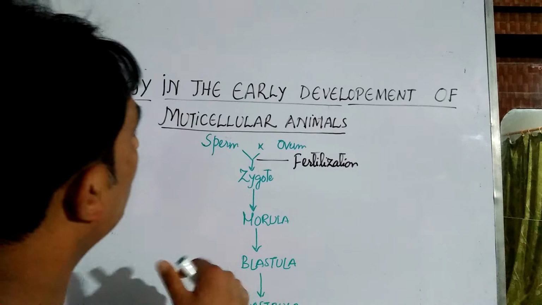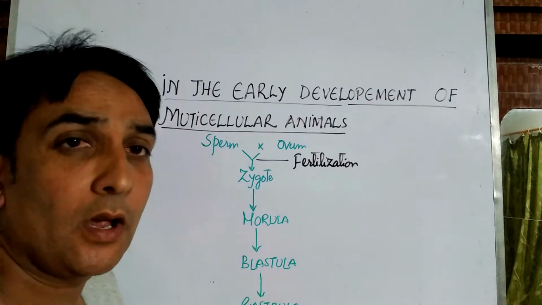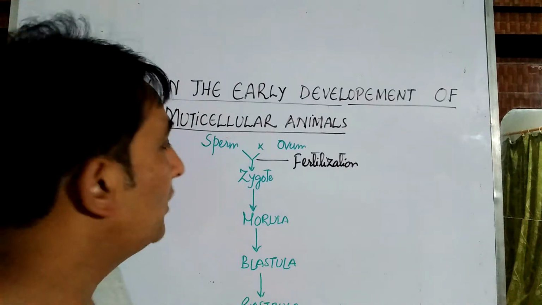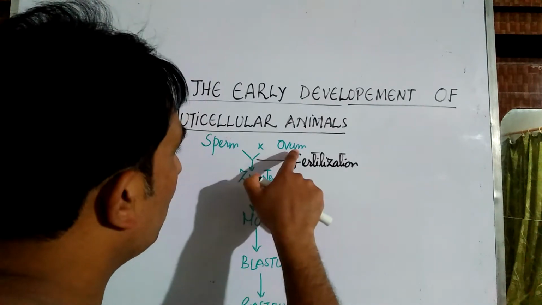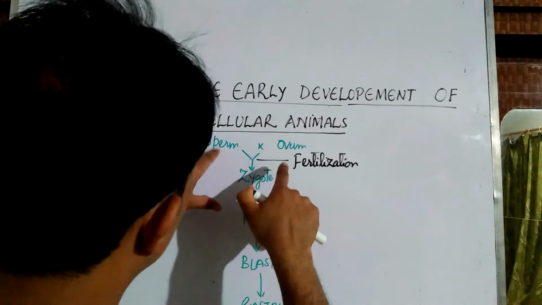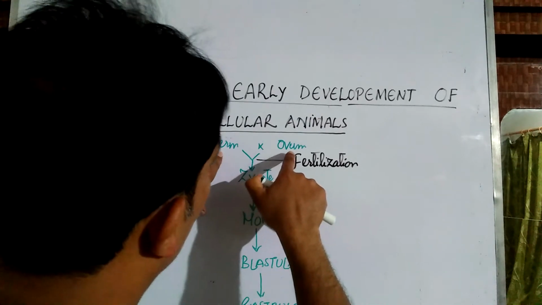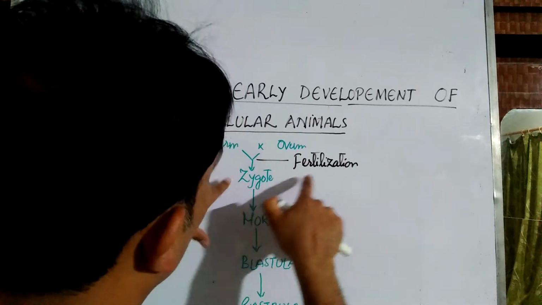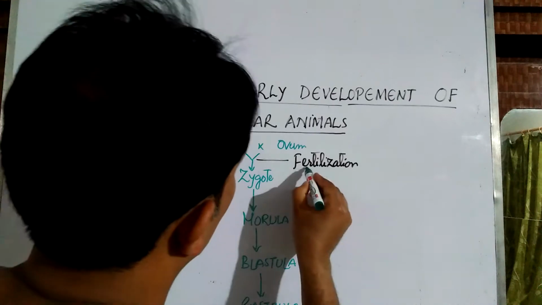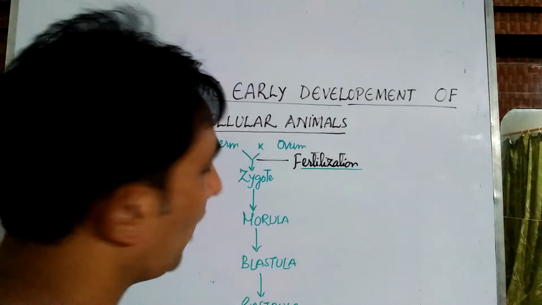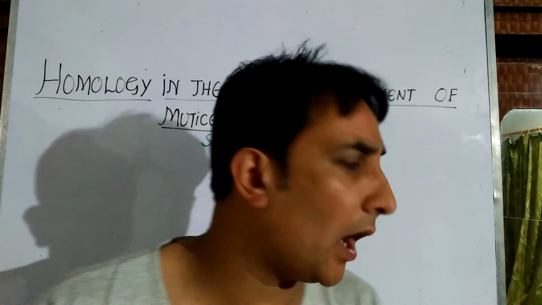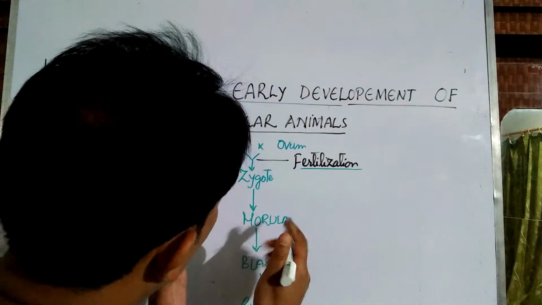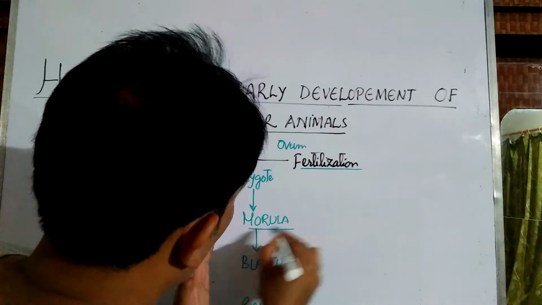In this case, we will see that all the sexually reproducing animals start their life from the male gamete, that's the sperm, and the female gamete. Once the sperm fertilizes the ovum, it means the fertilization occurs, the zygote is formed, and the zygote then develops into the morula, and this morula is a solid ball of blastomeres.